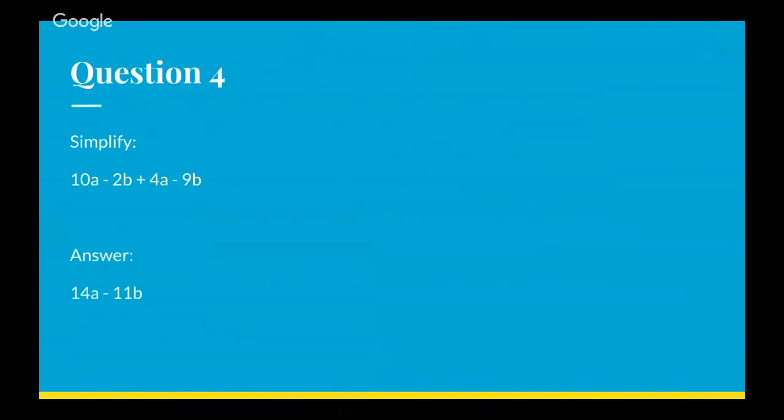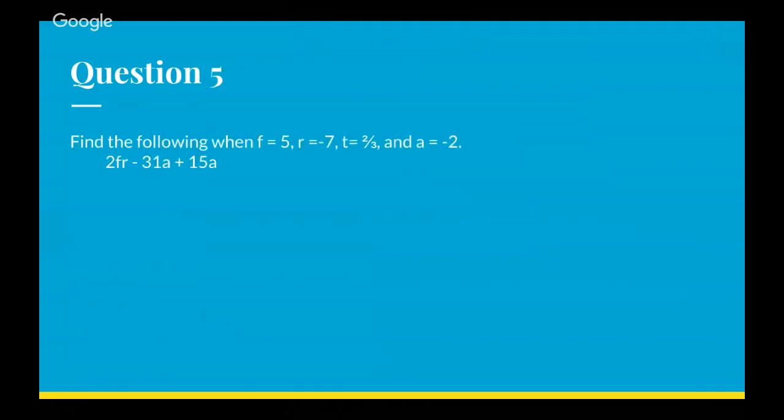Answer, 14a minus 11b. Question 5, find the following when f equals 5, r equals -7, t equals 2/3, and a equals -2. The expression is 2fr minus 31a plus 15a. Answer, -38.